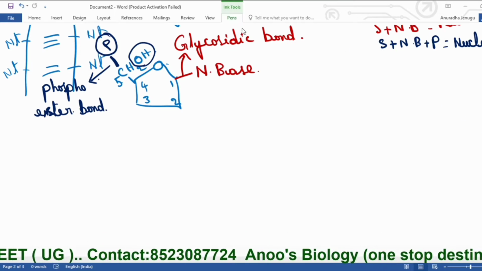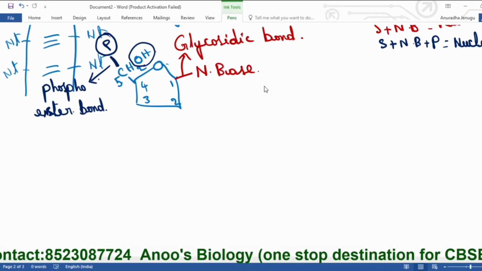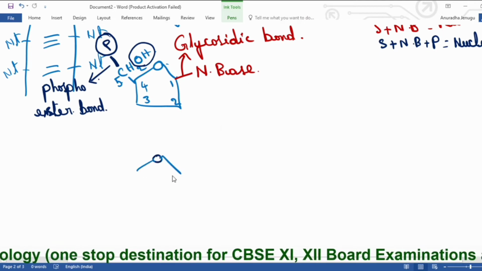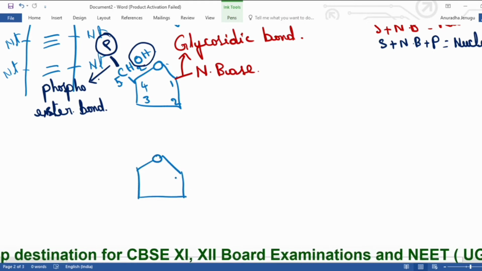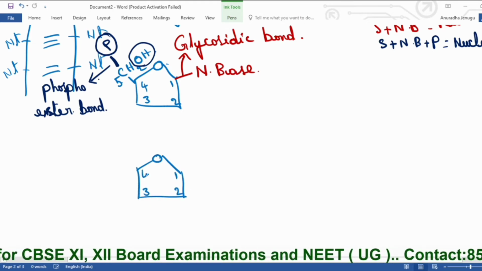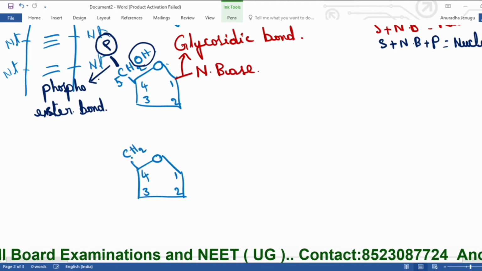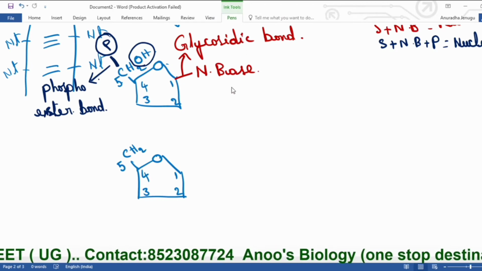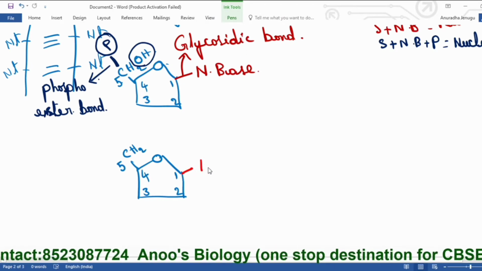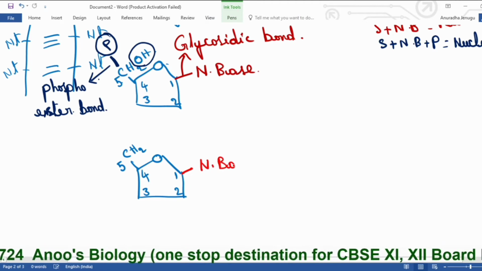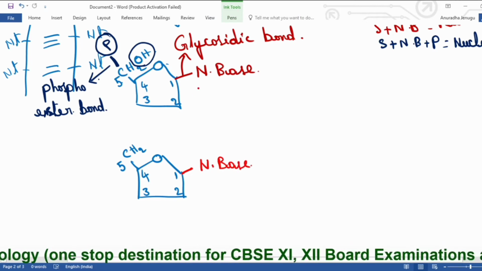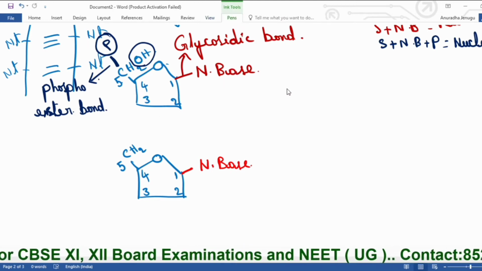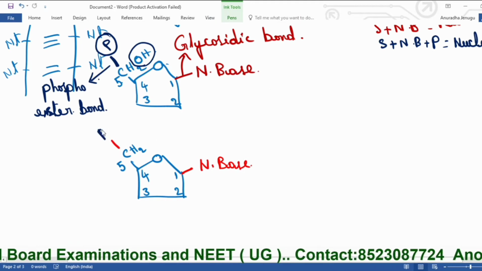Let's study how the next nucleotide is formed and how all these nucleotides are joined with one another. So this is the next nucleotide. This is the sugar, first position, second position, third position, fourth position, and fifth carbon, right? And here also the nitrogen base is attached at the first carbon atom by the formation of a glycosidic bond, and phosphate is attached at the fifth carbon atom by the formation of a phosphoester bond.